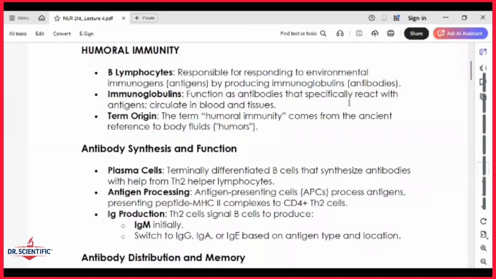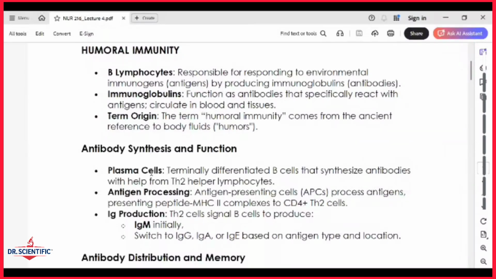So a T cell has encountered an antigen, okay? It will interact with a B cell via the T cell receptor. Once that interaction happens, the B cell becomes terminally differentiated, and it ceases to be called a B cell. It now becomes a plasma cell.